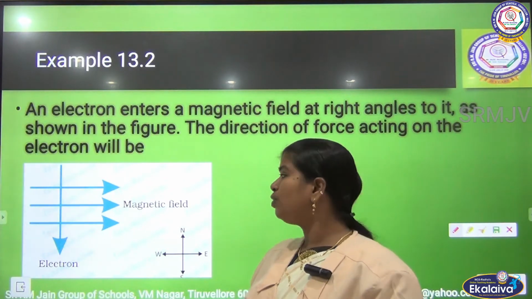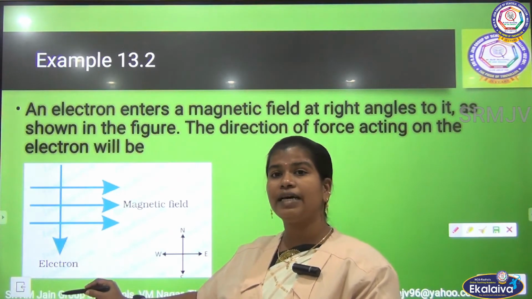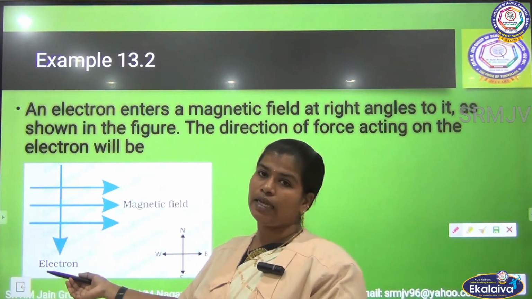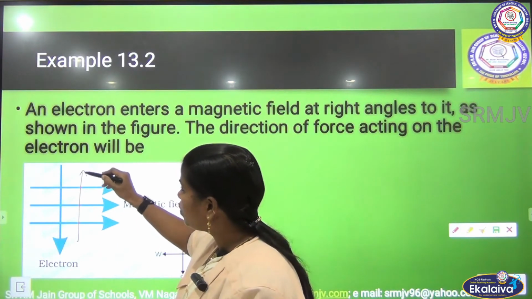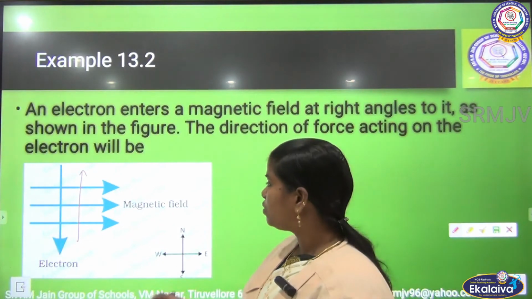Now the electron enters, so the direction of conventional current will be opposite to the electron. So the direction of the current will be vertically upward. It is an indirect question.